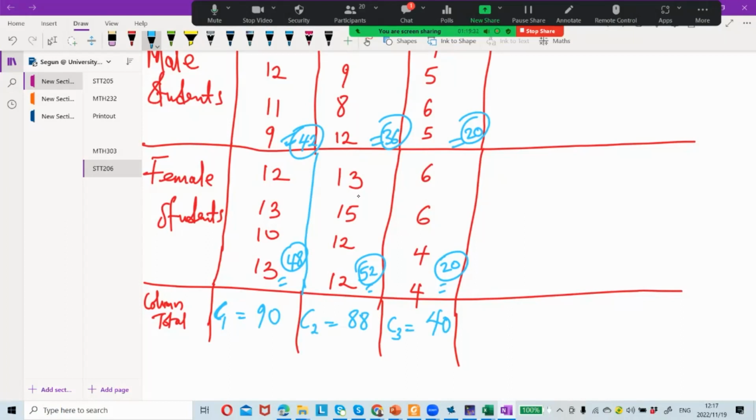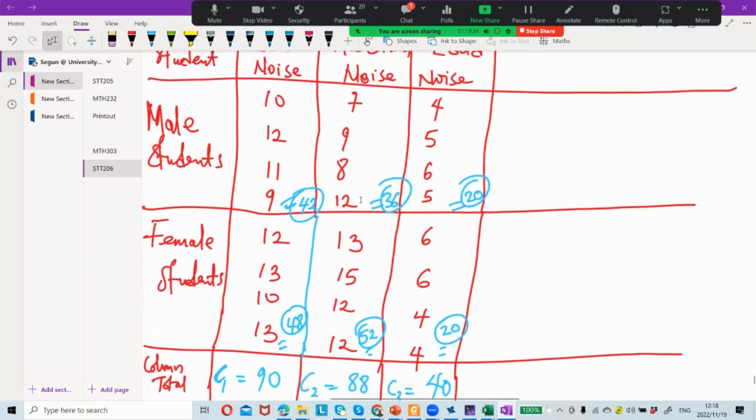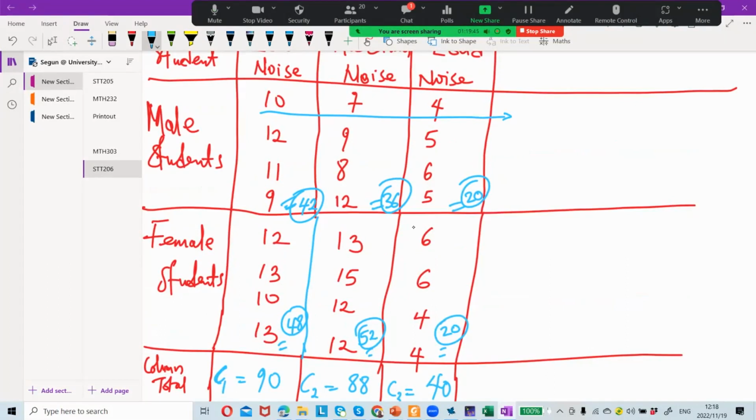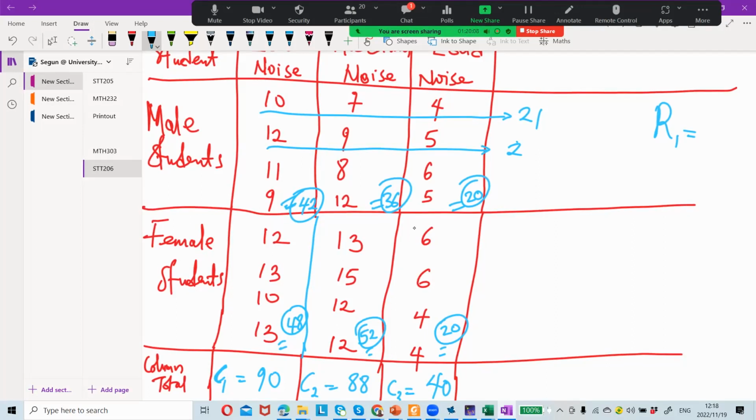Now we need the row. We want to know what is the value of this. Add it together. The entire place is row 1, but what is the value for this one? 21. Value for the next? 26.